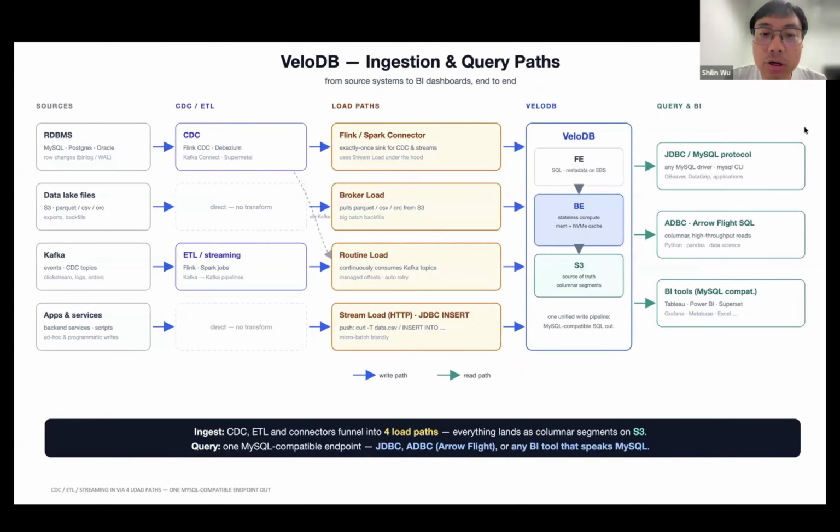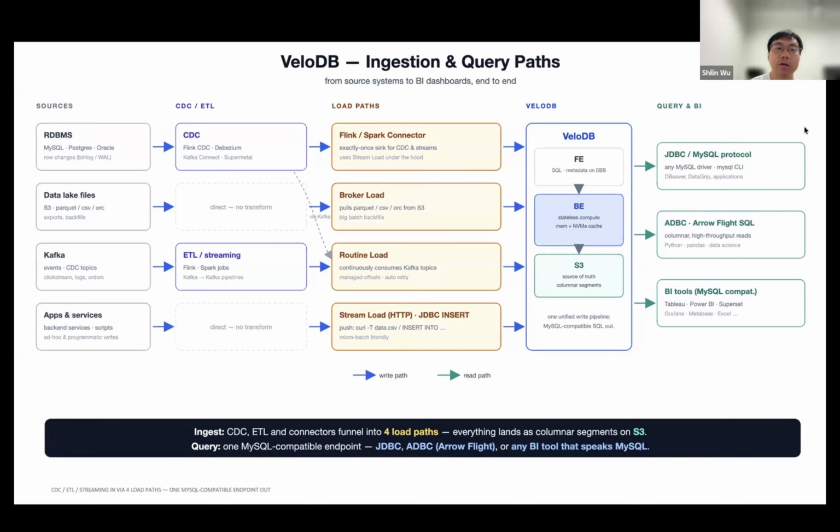Okay, then I will talk a little bit about using VeloDB in practice, a practical scenario, right? So in real-life enterprise, you may have data coming from relational databases, lakehouse, data lake files, Kafka, and applications, right? For RDBMS, we have CDC. You can use CDC or Flink or routine load to read from the database and write to VeloDB in almost real time.